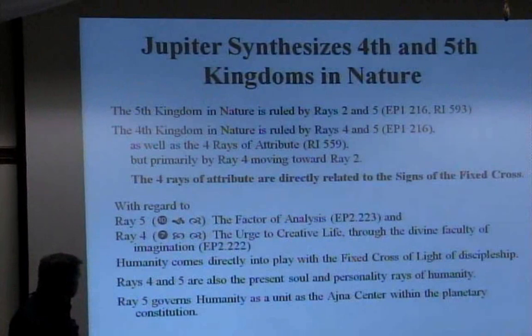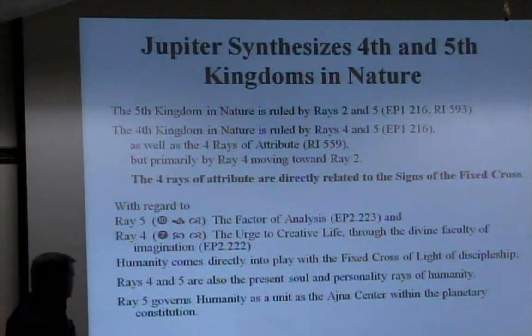Now, just to look at this a little closer, ray 5, the factor of analysis, is coming in as the personality ray of humanity. The ray 4, the urge to creative life through imagination, is its standard tone. Rays 4 and 5 are also the present soul personality rays.